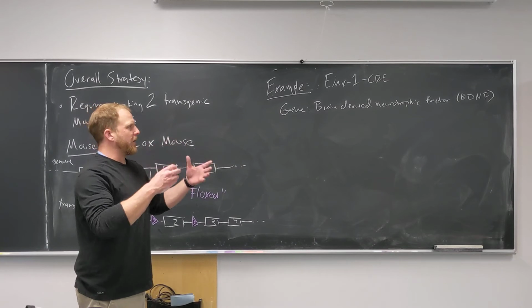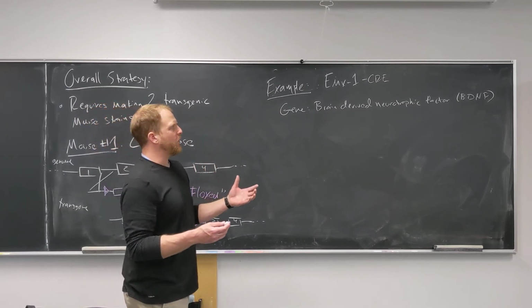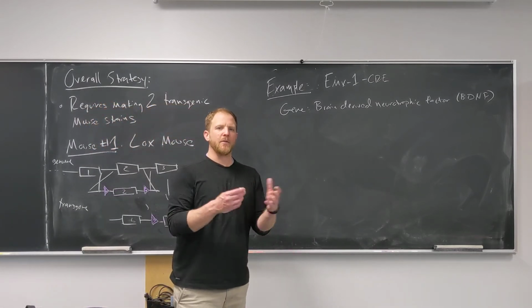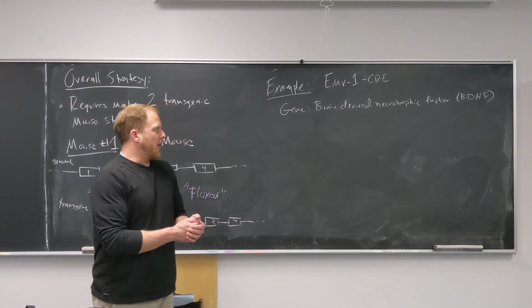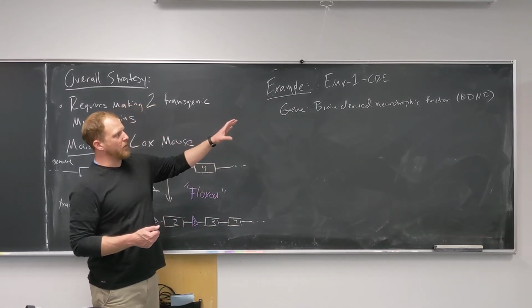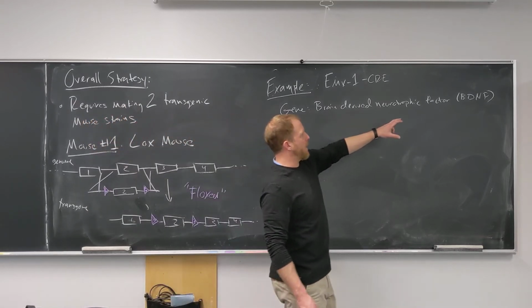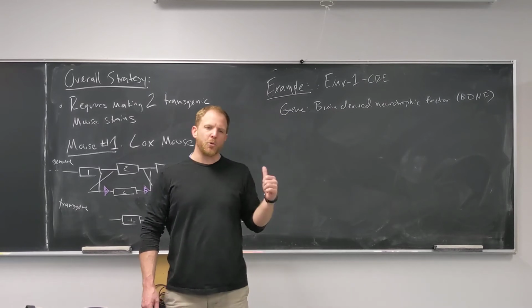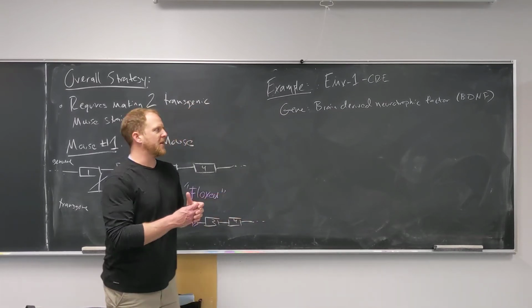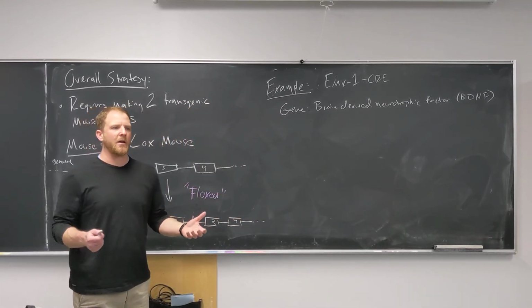To better understand the role of BDNF, we wanted to knock that gene out and see what happens to brain development and function. Making a full knockout mouse of BDNF is lethal. These mice die shortly after birth, which necessitates making a conditional knockout mouse.